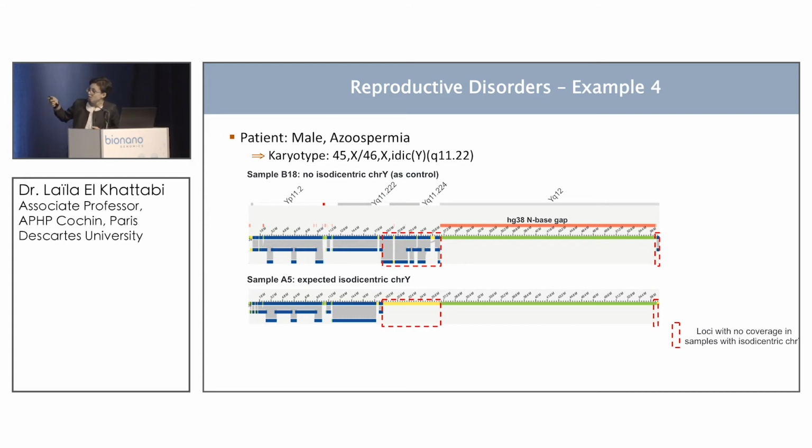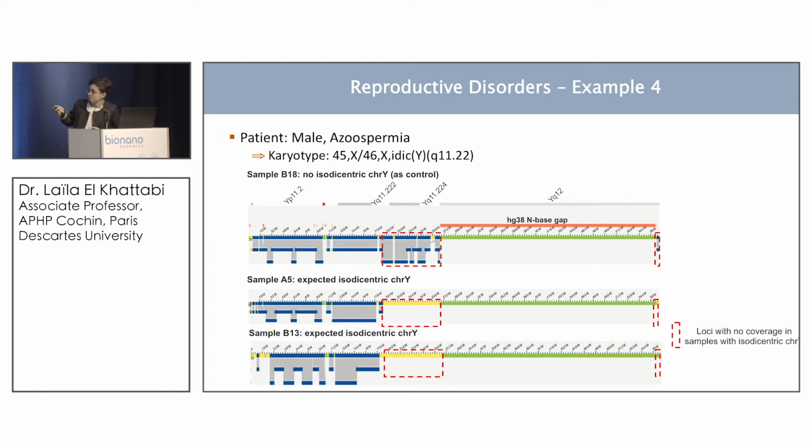This will not really be a common problem, because Bionano detects it, whereas NGS cannot detect even this deletion. The important point is that you can suspect something going wrong on chromosome Y, then you can check what's going wrong by karyotype.